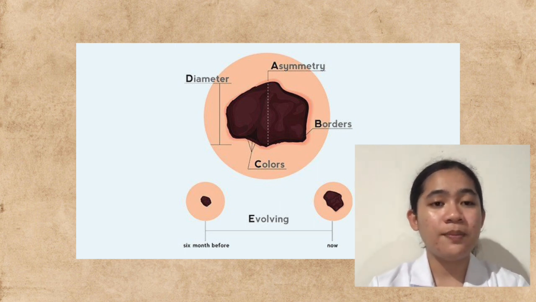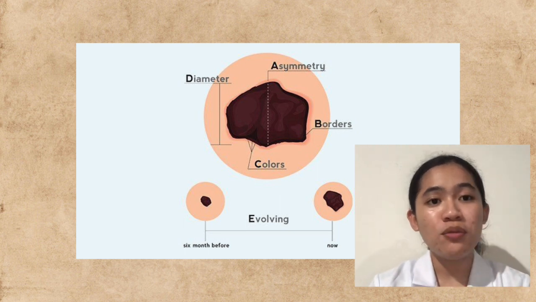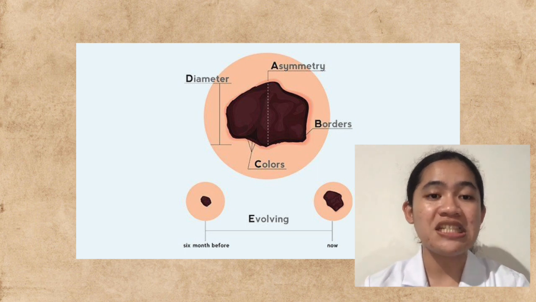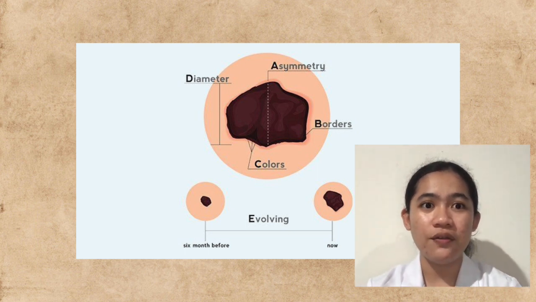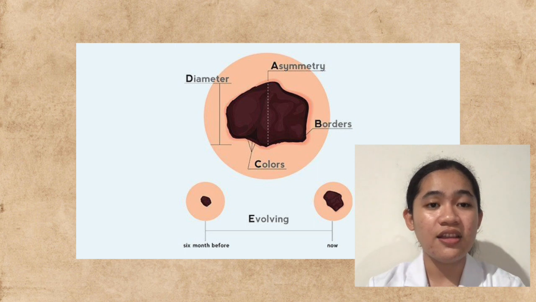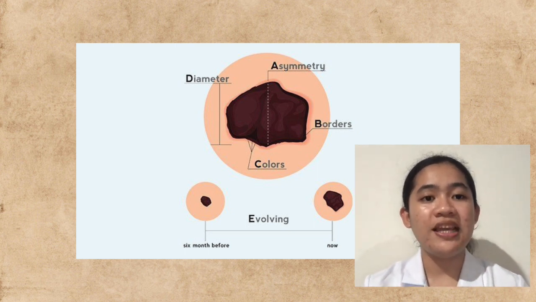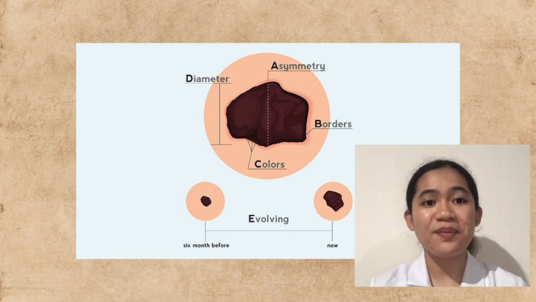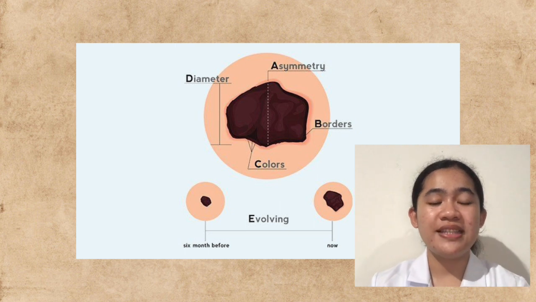And then for the border, an abnormal mole or a melanoma, its border outline is poorly defined, so it's kind of diminished or fading the outline of the mole. And then for color, usually a melanoma is of color brown or black, but sometimes there is inconsistency in the color.